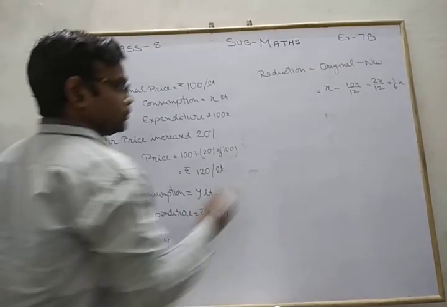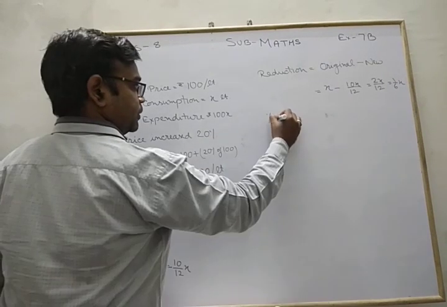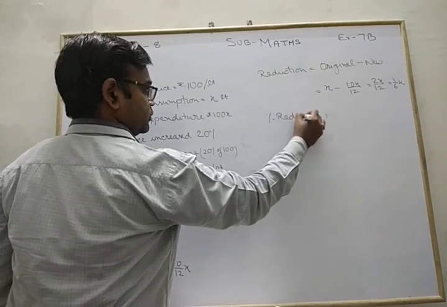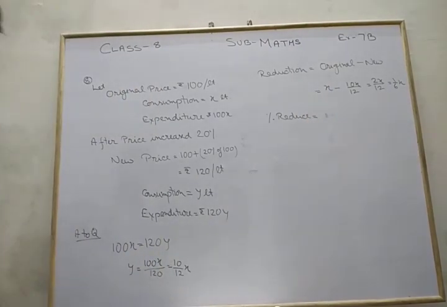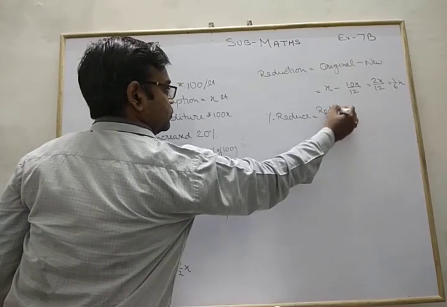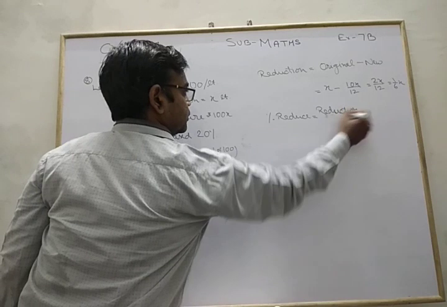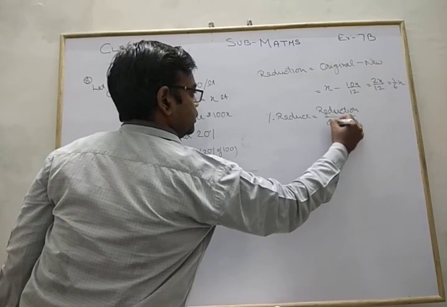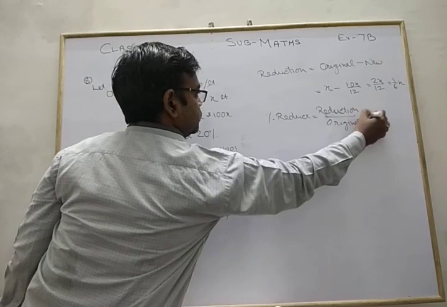Now percentage reduce equals reduction by original into 100.